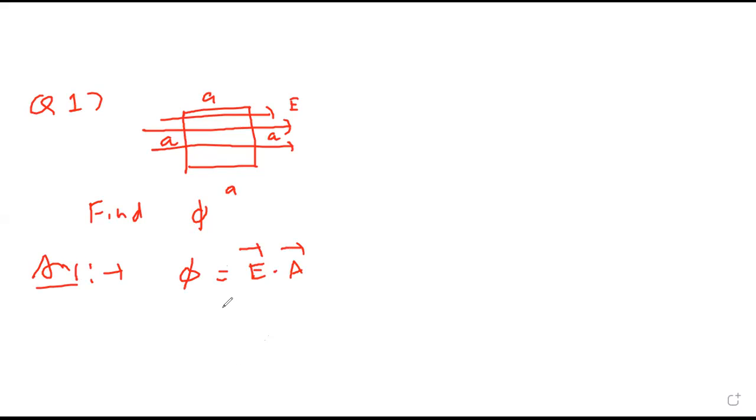So that means EA cos theta. E into area is A square. Area vector will be perpendicular to this plane. So what is the angle between A and E? 90 degree.